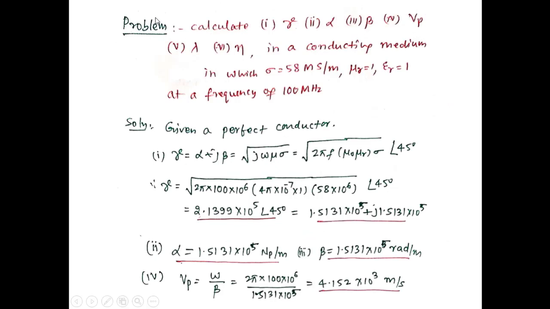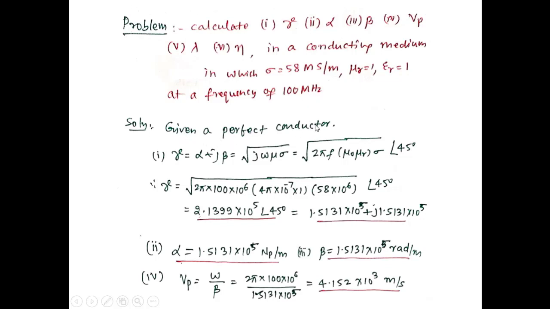To calculate the propagation constant, attenuation constant, phase velocity, wavelength, and intrinsic impedance in a conducting medium in which given sigma is equal to 58 megamho per meter and mu r is equal to 1, epsilon r is equal to 1 at a frequency of 100 megahertz.